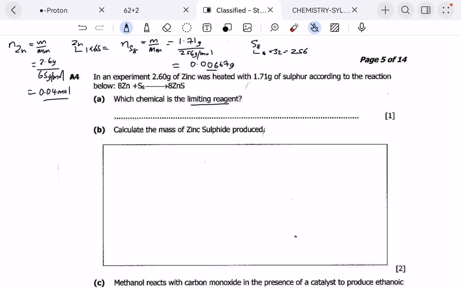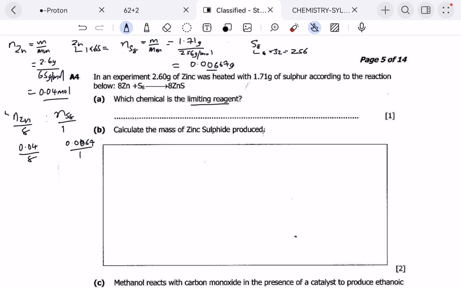their respective coefficients. So here it's going to be number of moles of zinc divided by 8, then number of moles of S8 divided by its coefficient, which is 1. So this would be 0.04 divided by 8, then the other side will be 0.00667 divided by 1.